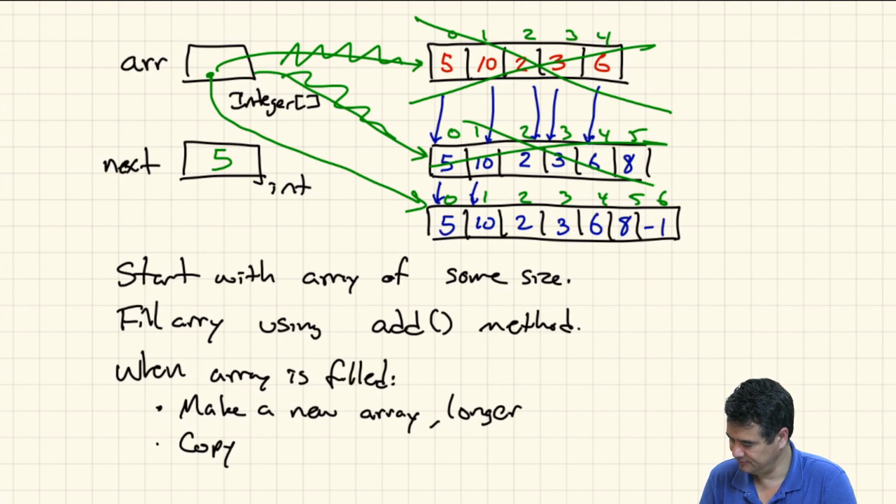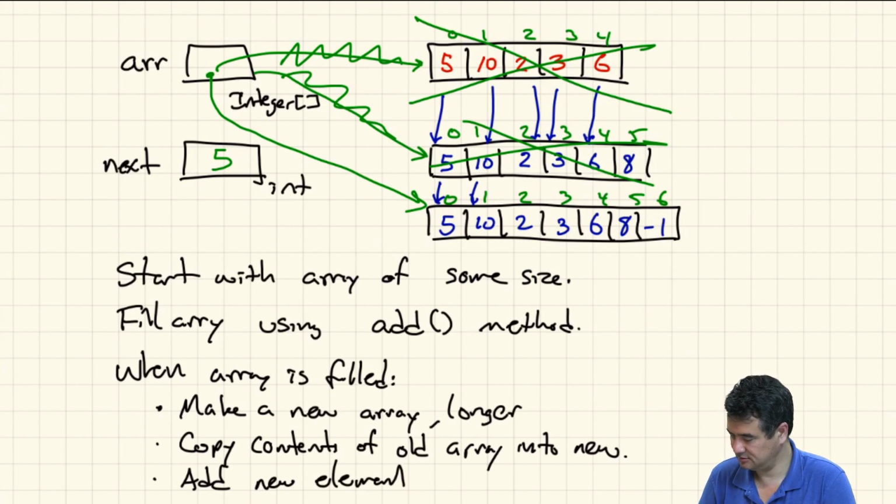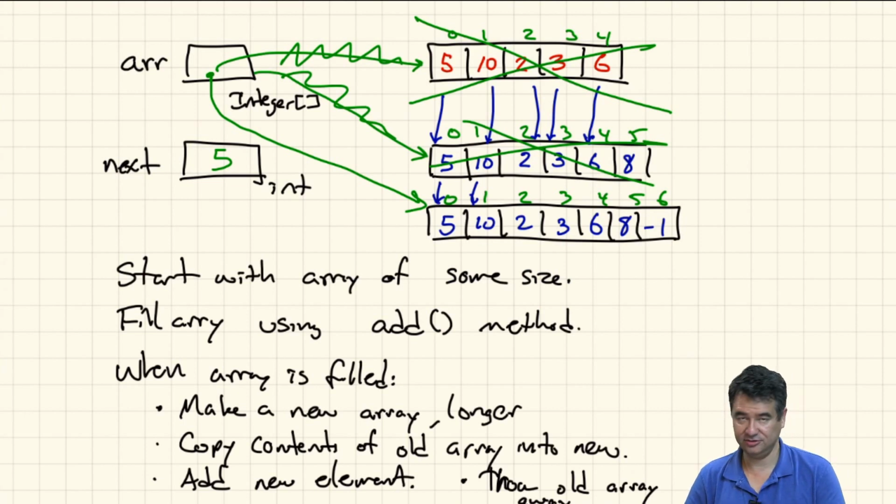Copy the contents of the old array into the new array, and I'm going to run out of space here, but then we're going to add the new element, and then finally throw the old array away. And the way you do that is you just make the pointer not point to it anymore.